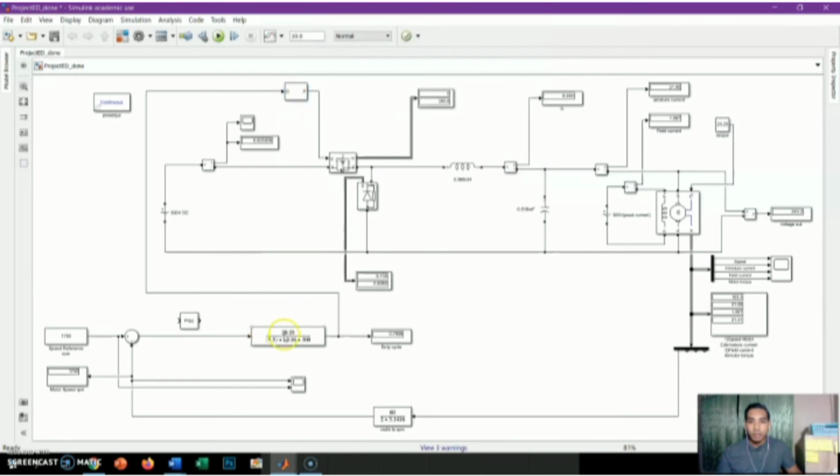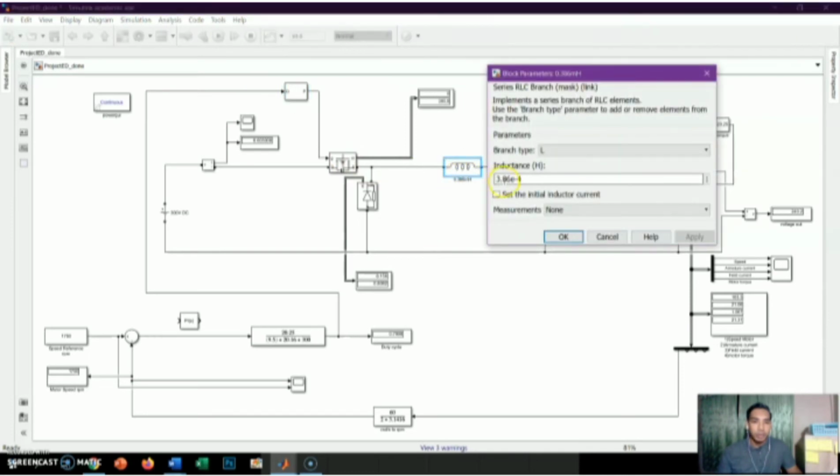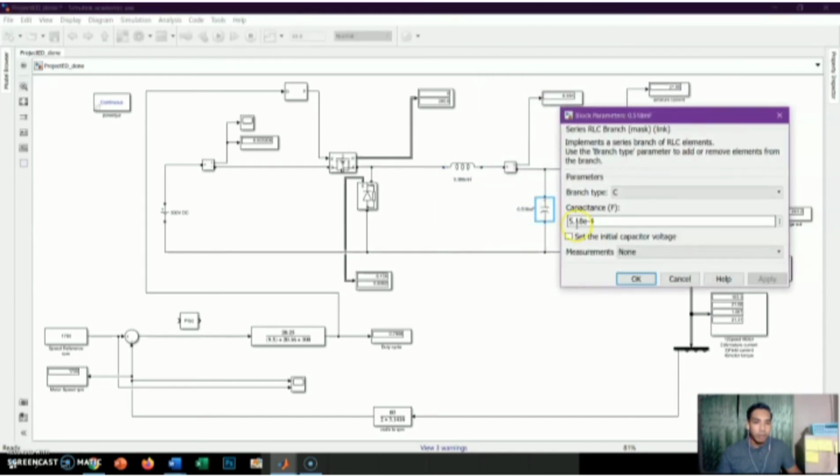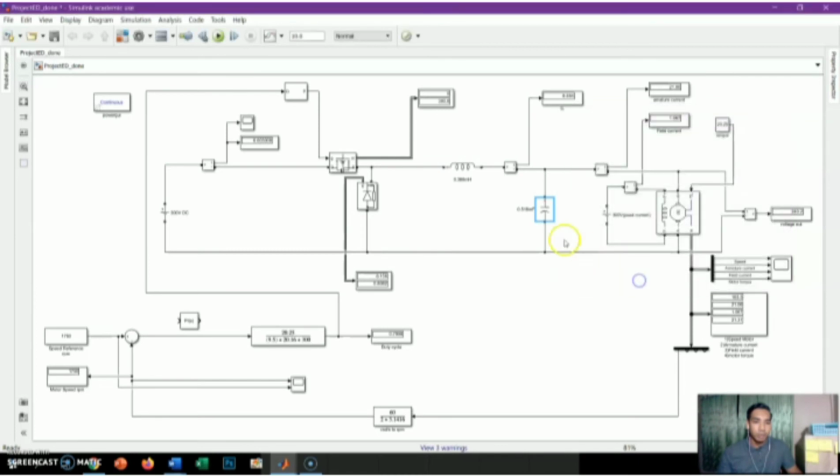This block diagram is a transfer function that converts the speed reference into the duty cycle, because the PWM needs the duty cycle to generate pulses for the switch. The inductor we set to 3.86 times 10 to the power of negative 4, which is 0.386 millihenry. And the capacitor we set to 5.18 times 10 to the power of negative 4, which is 0.518 millifarad. This is the field voltage, 300.